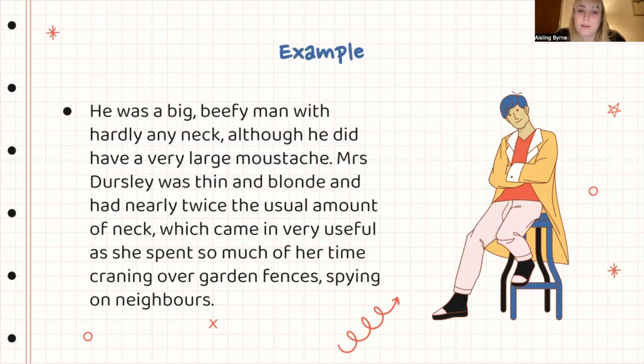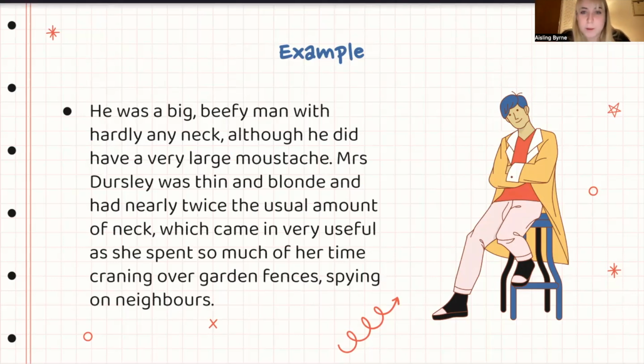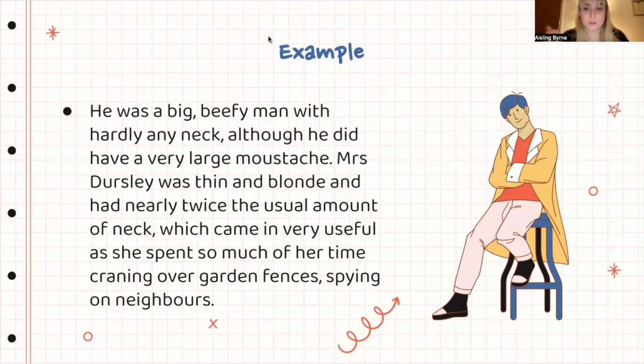Mrs. Dursley was thin and blonde and had nearly twice the usual amount of neck, which came in very useful as she spent so much of her time craning over garden fences spying on neighbours." I'll give you a second to look at that, to see where we might find implied information versus direct information.